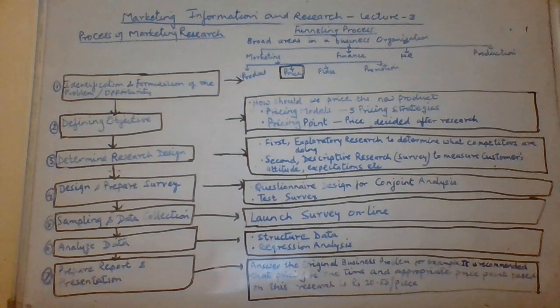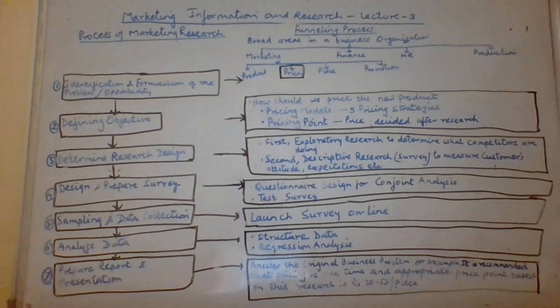And the problem here, coming back a little, is what should be the price for my new product. So on one side is the process of marketing research, and on the other side I have given this hypothetically so that we can understand how we arrive at an objective, how we fix an objective, because unless and until the objective is clear, the whole research process will go haywire.